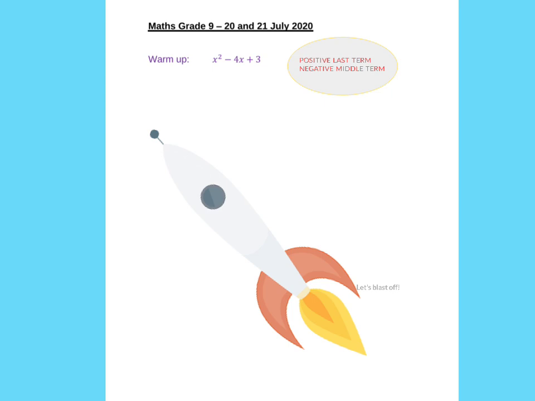That is why I am indicating here a positive last term and a negative middle term. If the last term is positive, we look at whether the middle term is negative or positive, and that determines whether it's going to be two negatives or two positives in our brackets.